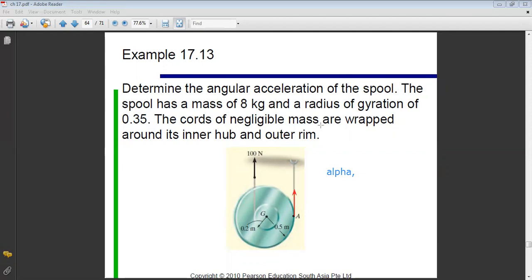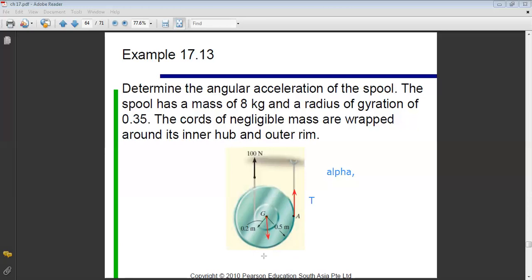So here, alpha is unknown. We have the tension T in the cable. We have the weight of the pulley and the acceleration. If you want to put all forces, we have the weight of the pulley here.